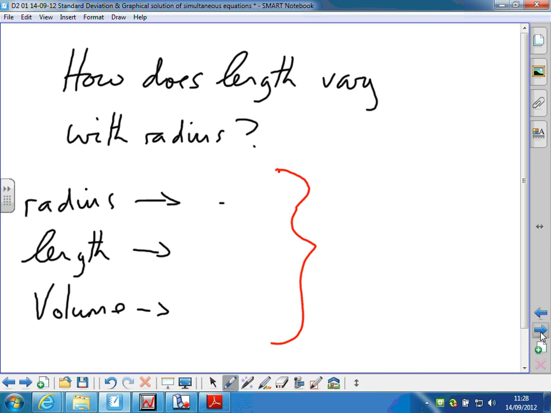Would the length be the dependent, so would that be x or y? Good. Which would be the independent? And volume constant. Okay, so what would I type into Autograph if I was interested in how the length varied with the radius?